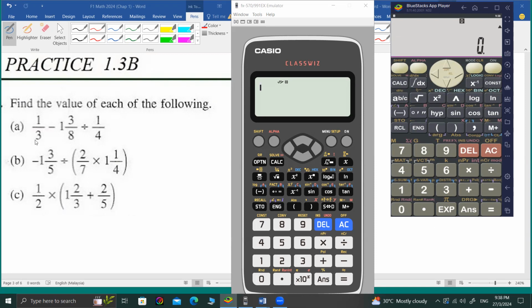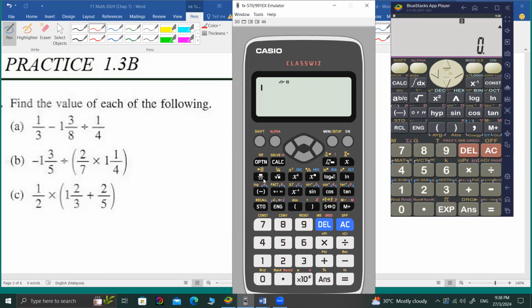So class, right now, practice this one together. Okay, go. Mixed number, -1, 3/5. Divide.